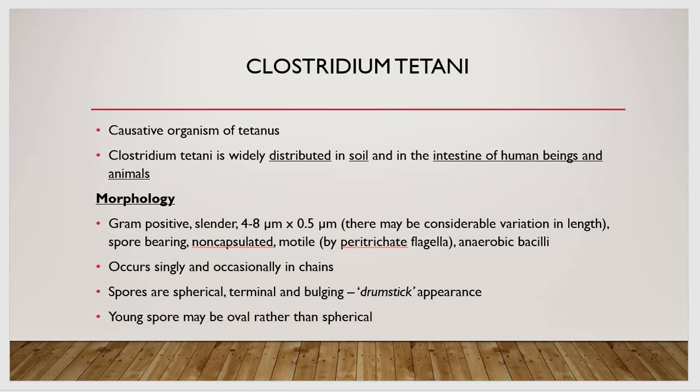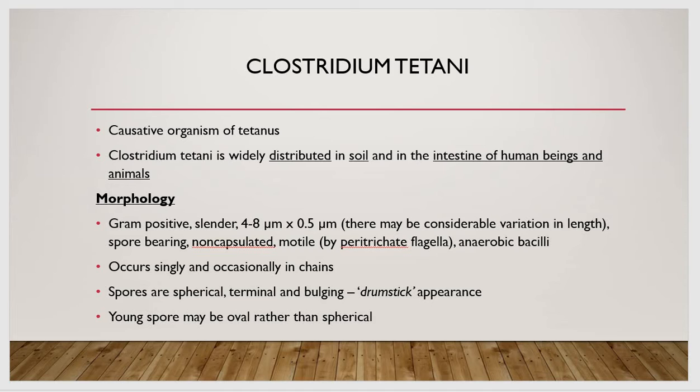These flagella are basically found in the young spores of this bacteria. And one more important thing about this bacteria is that it is an anaerobic bacilli. These occur singly also and occasionally are found in chains.